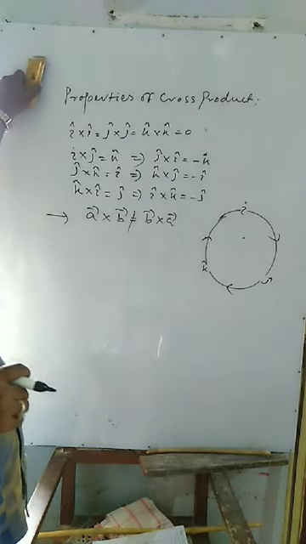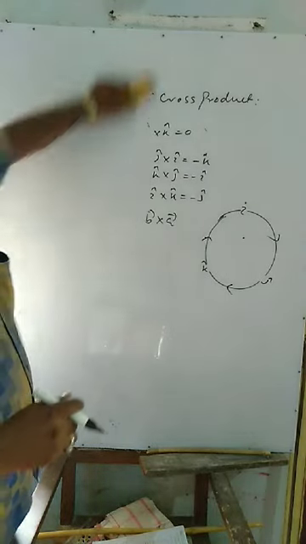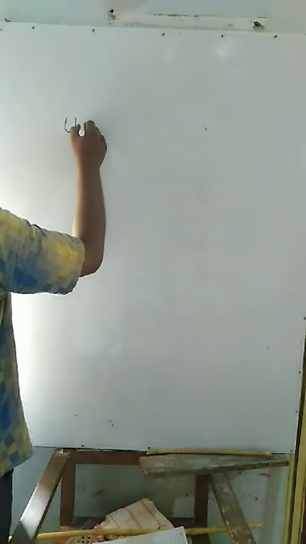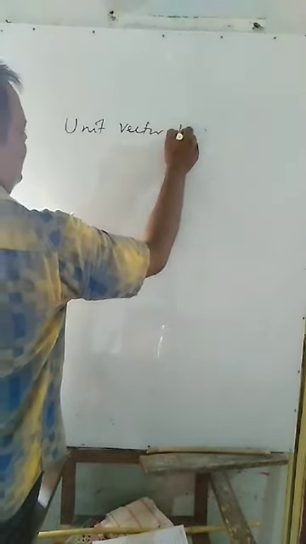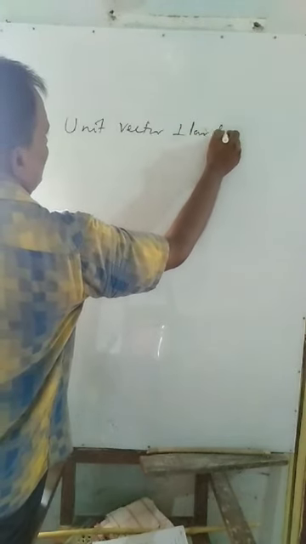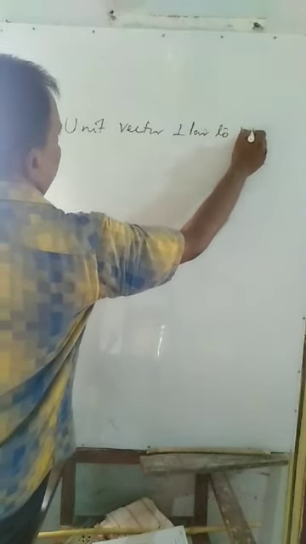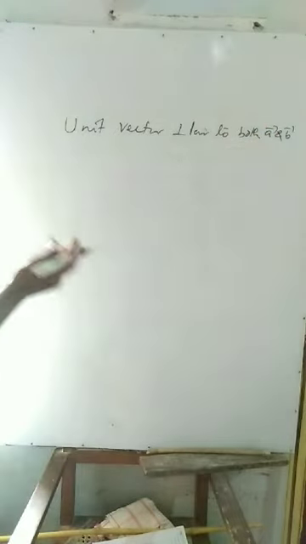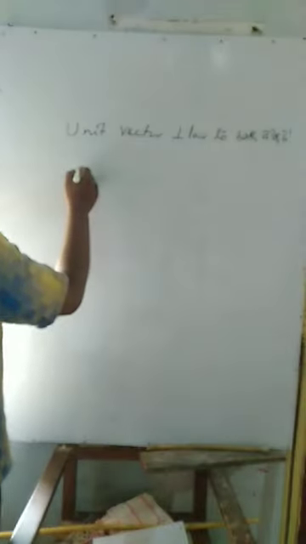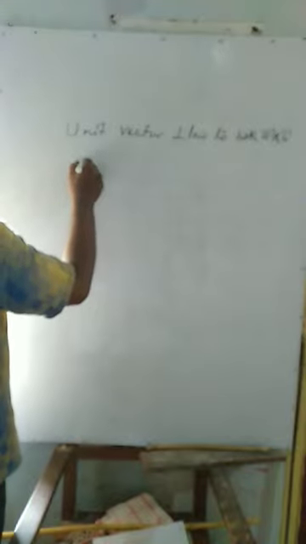Now we will find the unit vector perpendicular to both vectors A and B. So how to find it? Look, the unit vector can be represented by A cap.